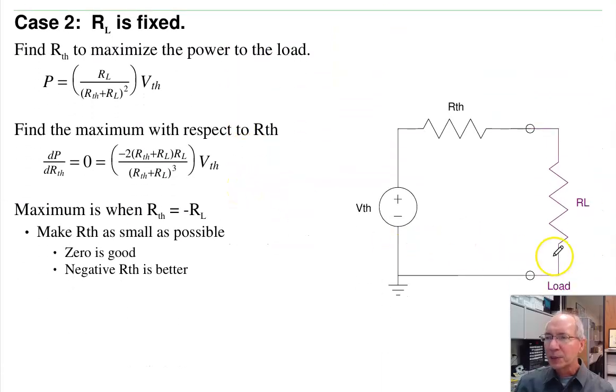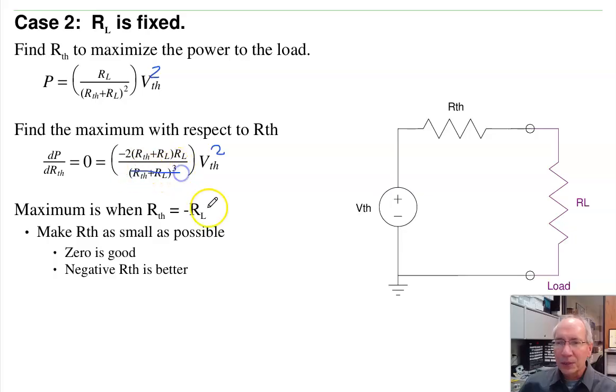Second problem. Suppose instead I've got a fixed load and I can change R Thevenin. Redesign my amplifier. What value of R Thevenin do I want? Well, again, power is that. Got the square term. Set the power to 0, and I want to take the derivative with respect to R Thevenin, wind up with this mess.